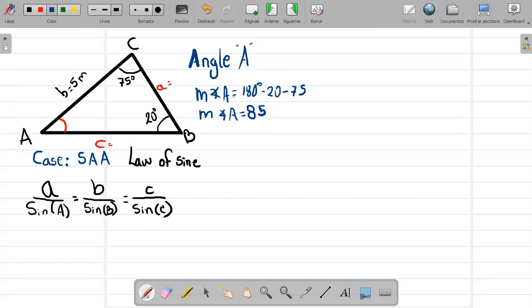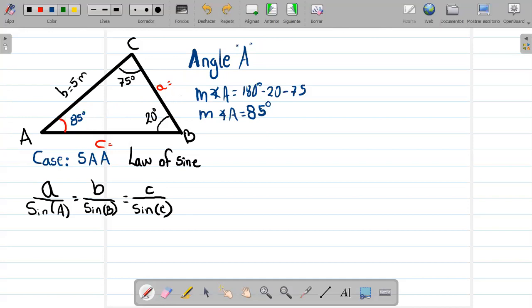Okay. So here we have the measurement of the angle, which is 85 degrees. I already have this information, 85 degrees. And now we're gonna concentrate on the missing side. So like you said, we can get very quickly the measurement of side C, and now that we know the measurement of that angle, we can conclude the measurement of side A. Sorry.